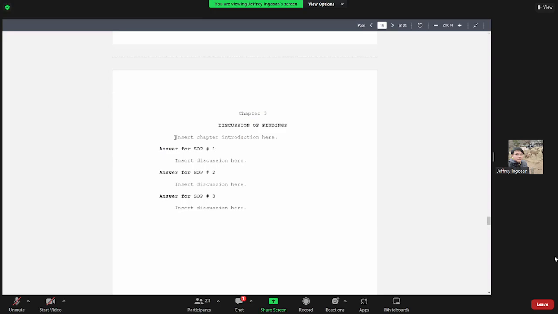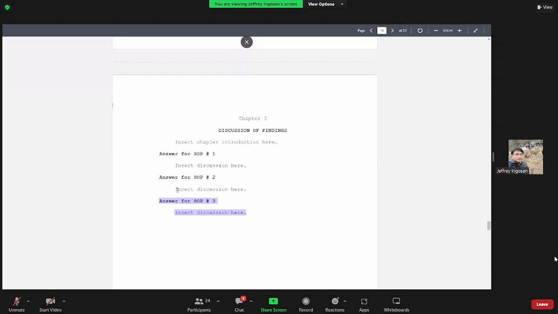I repeat, the chapter introduction would simply be to introduce what you will discuss. So if, say for example, your answer for SOP number 1 talks about the requirements, and then this would talk about framework or architecture probably, or features, and then this would talk about the usability.